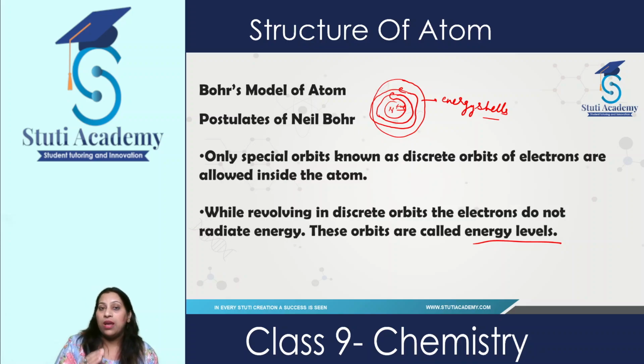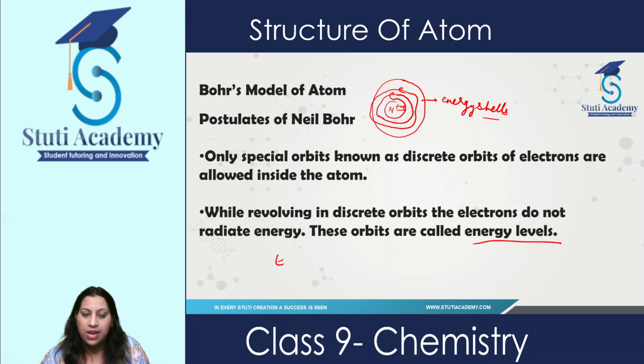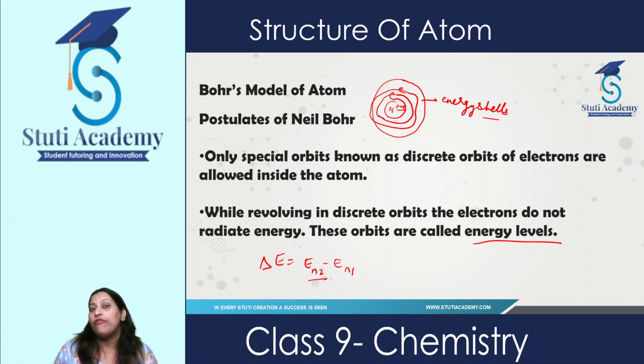But if electrons jump from one energy shell to another energy shell, they will emit or absorb energy. The change in energy, represented by E, is En2 minus En1, the energy of the higher shell minus the energy of the lower shell.